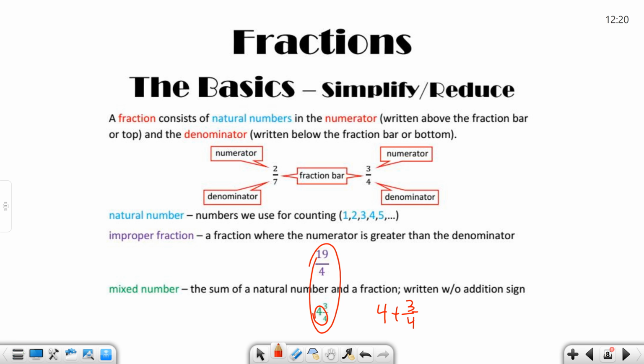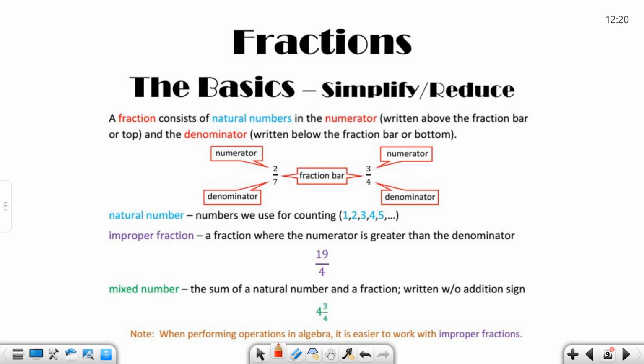The way you change them: 4 times 4 is 16, 16 plus 3 is 19, so that's 19/4. Or 4 goes into 19 how many times? 4 times with what remainder? 3. That's the 3/4. So that's where that comes from. Mixed numbers and improper fractions.